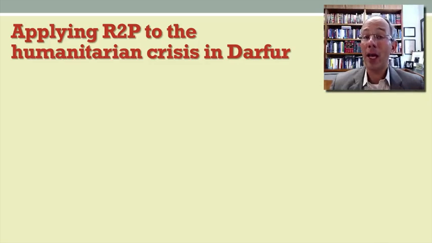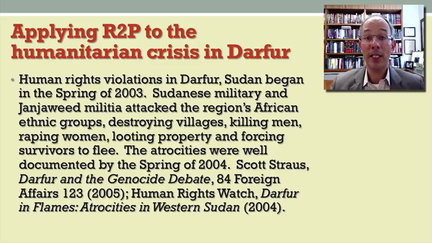This is the humanitarian crisis in Darfur, which we previously studied in connection with the international crime of genocide. If you will recall some of the very basic facts from the Darfur crisis beginning in the spring of 2003, both government forces and militia forces known as the Janjaweed were attacking ethnic African tribes in the Darfur region in western Sudan and engaging in a variety of widespread human rights violations.